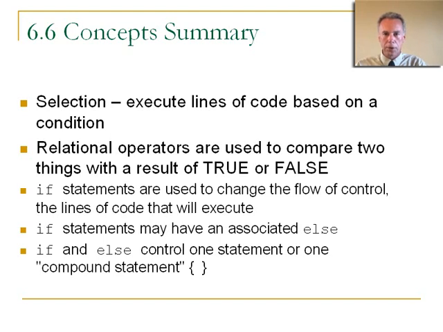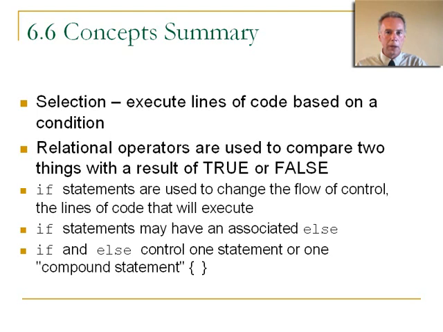There are 6 relational operators in C. You really have no choice but to memorize them, or you'll get comfortable with them as we go along. Greater than and less than are 2 operators that you're very comfortable with, and I think greater than or equal to and less than or equal to you've also seen very commonly.